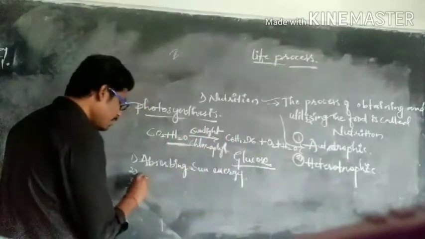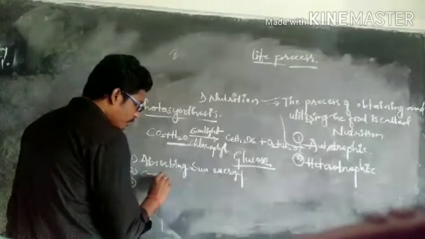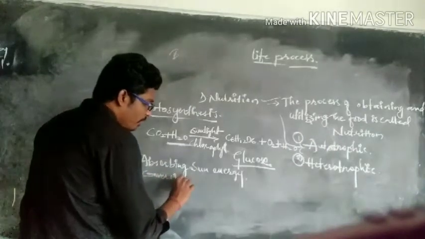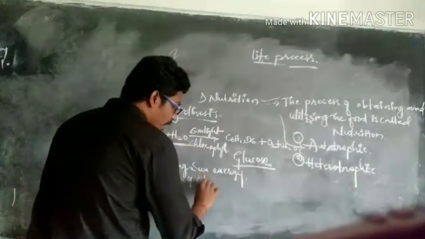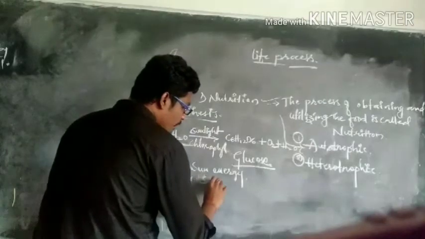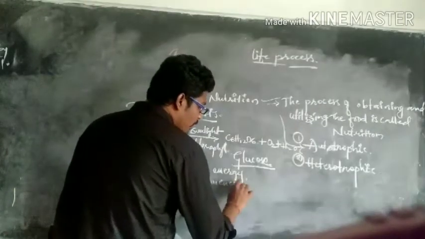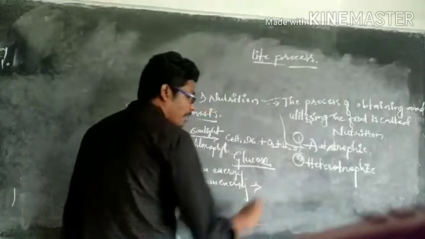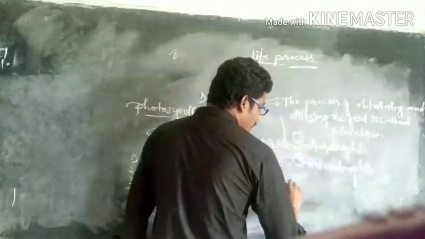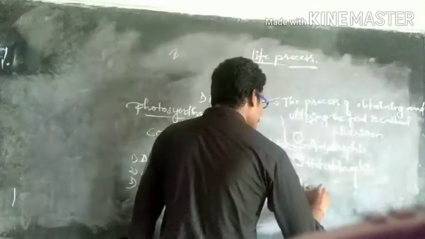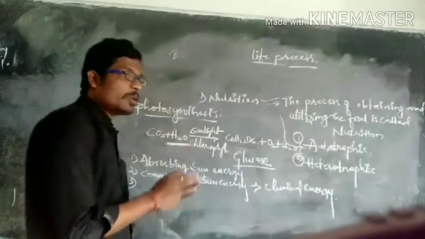ठीक है. तो what is happening here, conversion of sun energy to chemical energy. And this water molecule is split into two things.